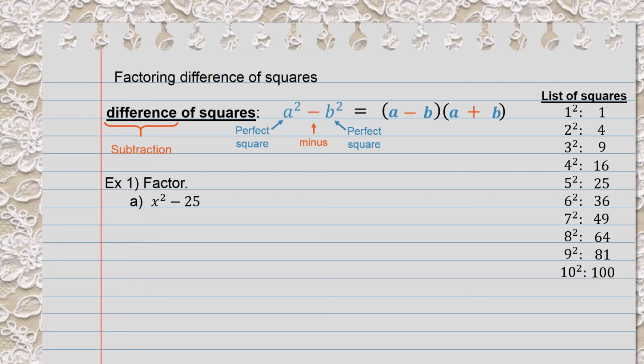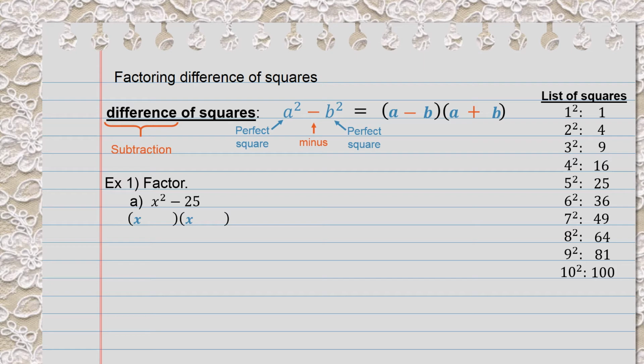Do we have a minus sign? Yes. So this does follow the pattern of difference of squares, so we instantly have 2 sets of parentheses. Now, what value times itself gives us x squared? Well, that would be x. And so that would be the first term in both sets of parentheses.